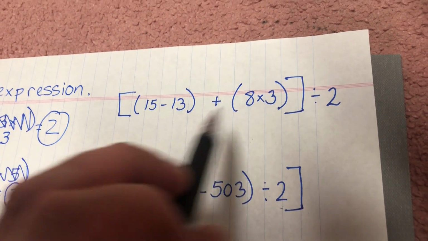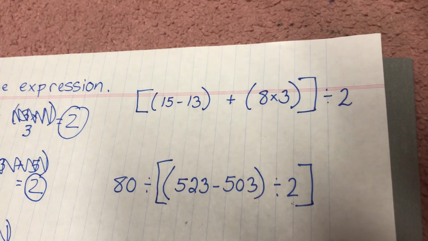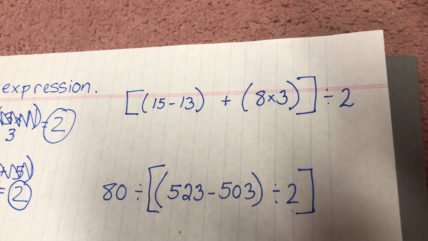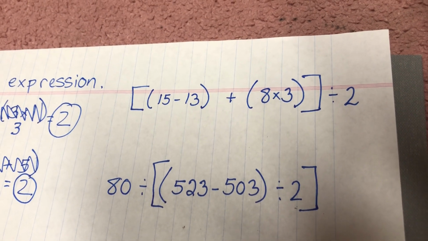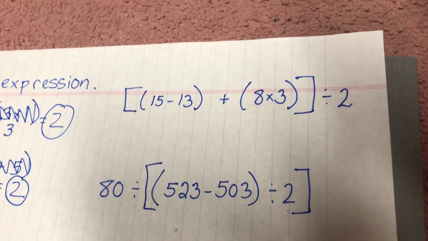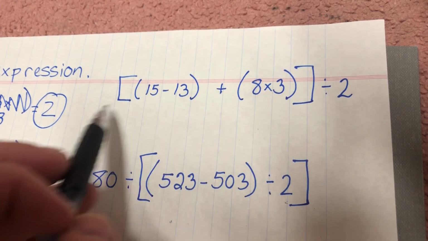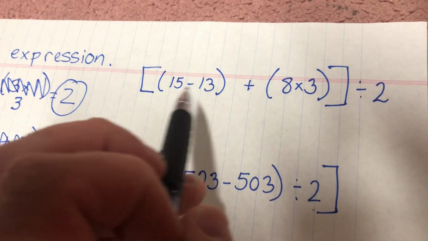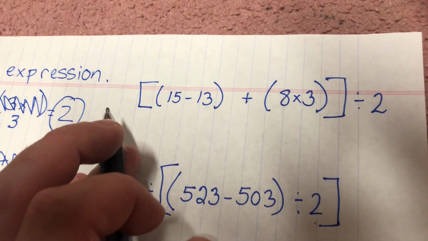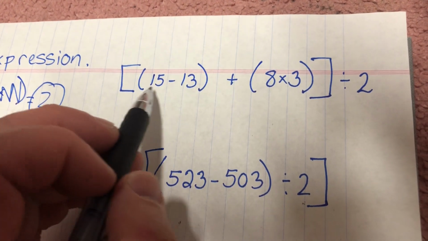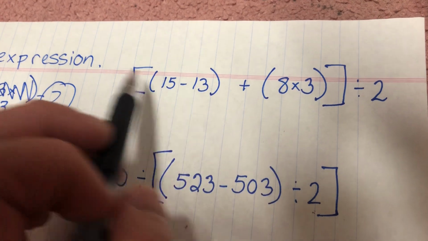Now we're getting into brackets. And brackets basically have the same functionality, the same purpose as parentheses. But it's when we have brackets even outside of things with parentheses. So we start in and work our way outward. So in this particular problem, we're going to start with these parentheses inside of the brackets.